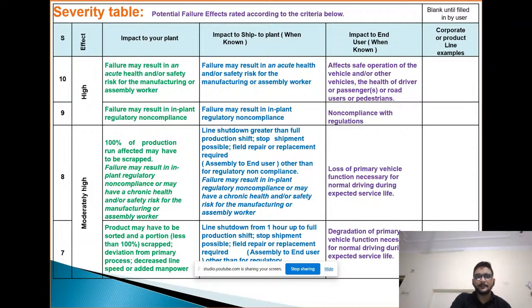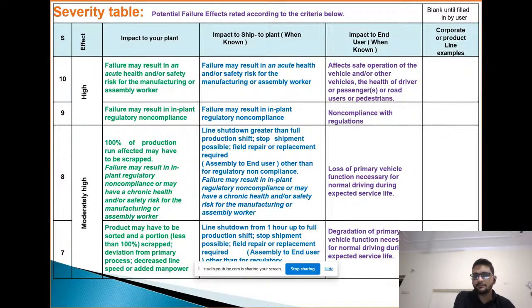Meaning impact to ship is line shutdown and stop shipments, field failure and replacement required. In case of impact to the individual, loss of primary vehicle function necessary for normal driving during expected service life. Next is rating 7.